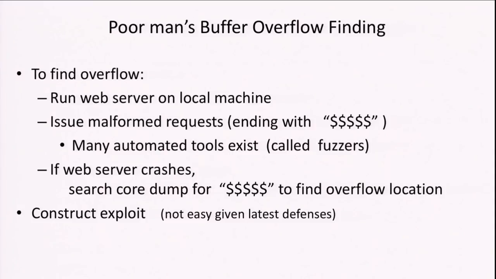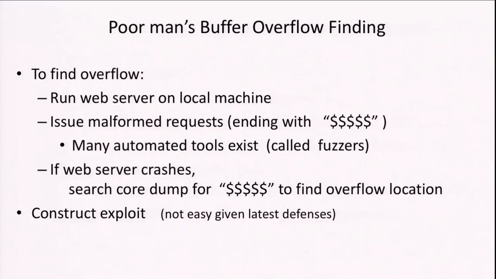One is obviously to create inputs that would induce buffer overflow, and in order to create an input that will cause buffer overflow, you might have to know a little bit about how the program is behaving, what functions it calls, and what kind of buffer sizes they have. So here is a poor man's buffer overflow finding technique. Let's say you have a web server running on a local machine.